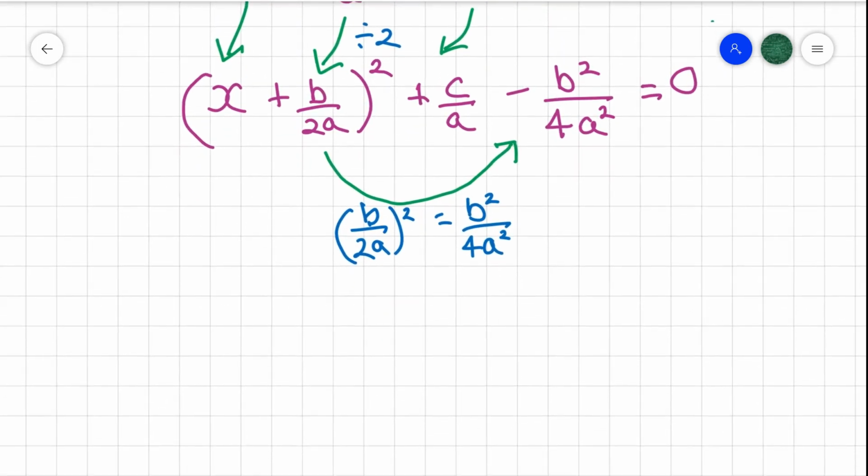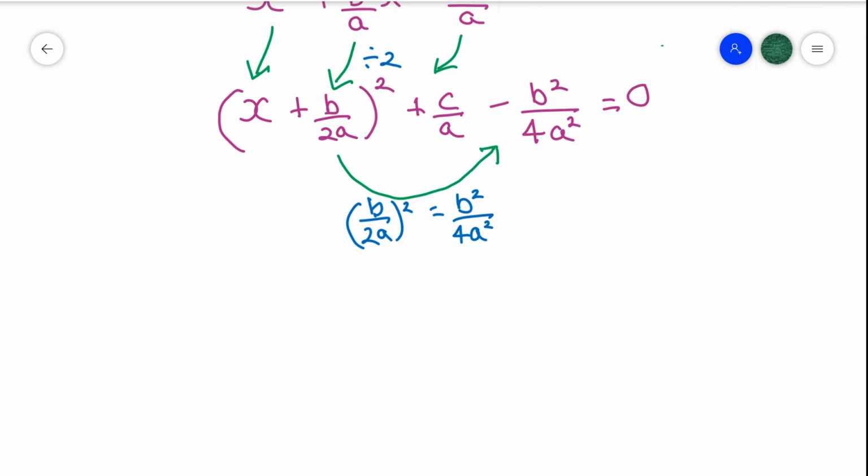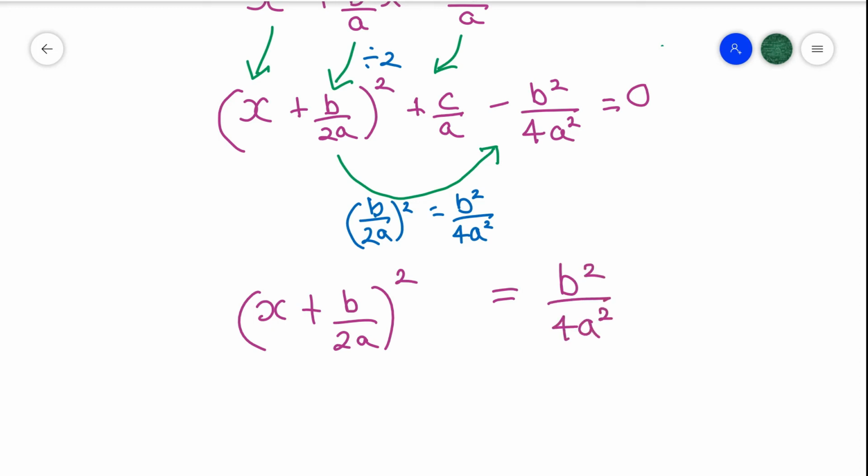We will now move the constant terms to the other side of the equation. So you can have x plus b over 2a whole thing squared. I'm going to move the constant terms to the other side: b squared over 4a squared minus c over a.